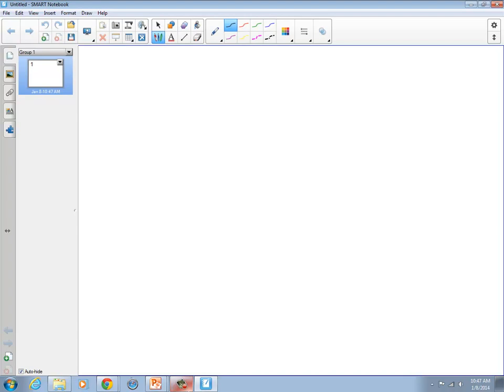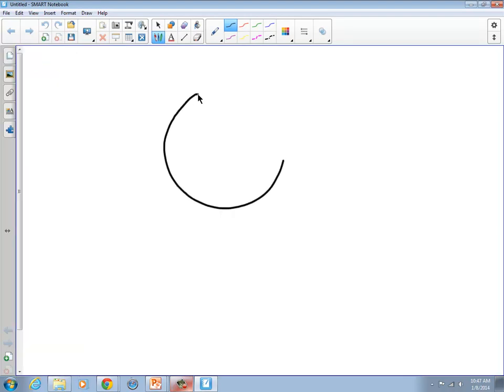So imagine this is a cardiac cell, okay? In a normal resting state, what's going to be the primary electrolyte inside of the cell?